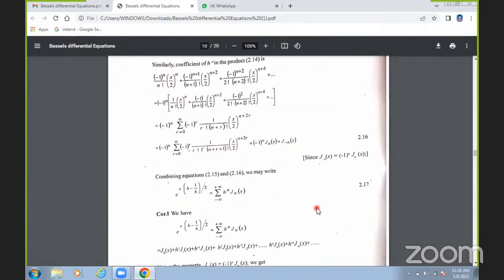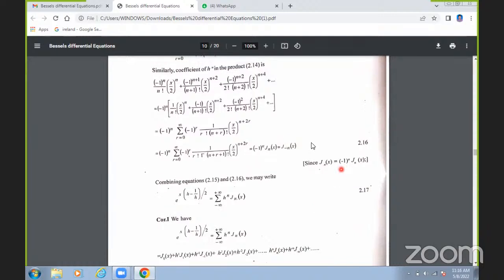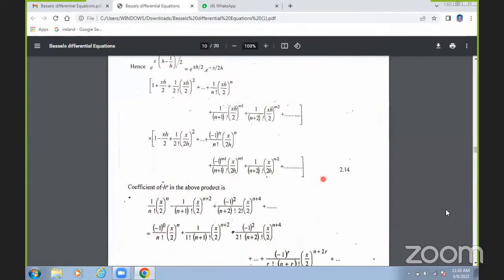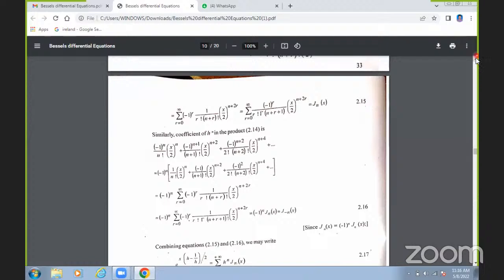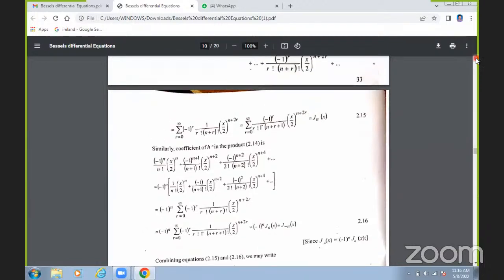Once after getting this, the previous equation whichever we have, by comparing the coefficient of h power n, and another one comparing the coefficient of h power minus n, we will get two equations. Here, for h power minus n we have got this one, no?